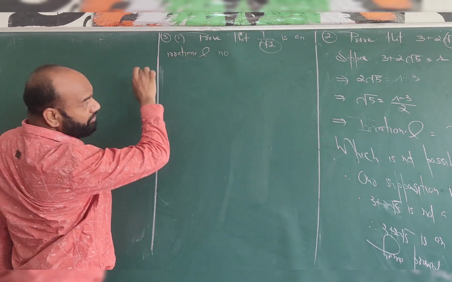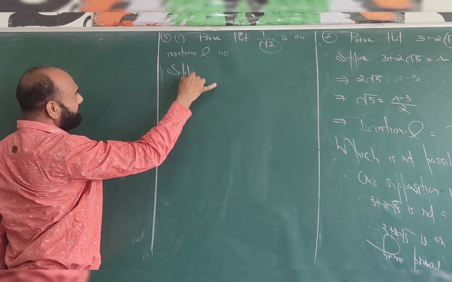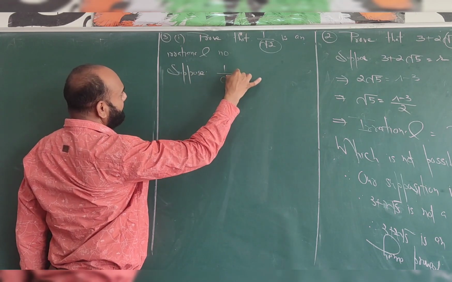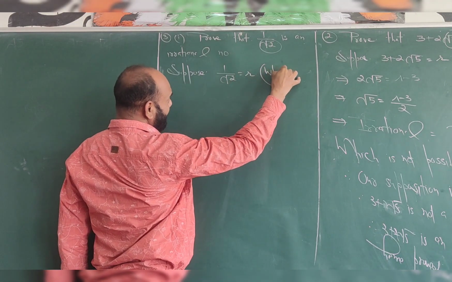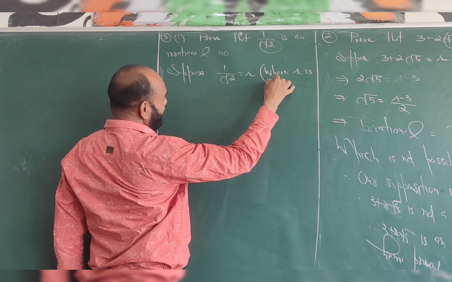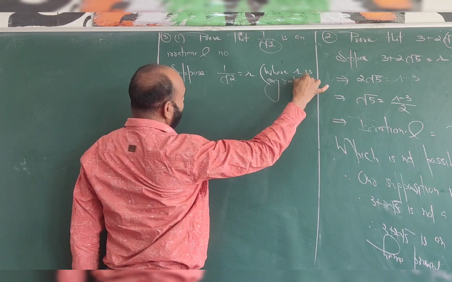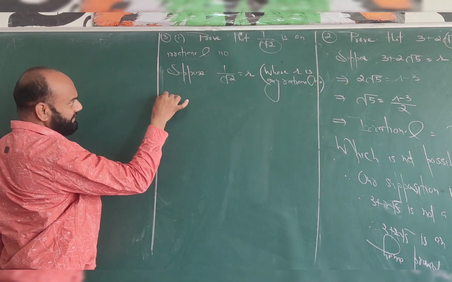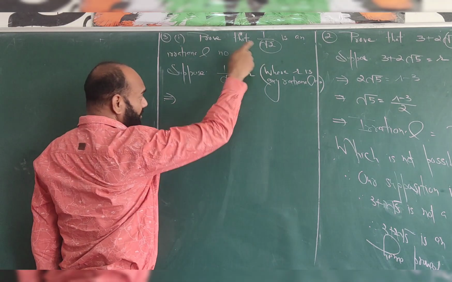So according to the method, we suppose 1 by root 2 is equal to r, where r is any rational number. This implies, now we want to find the value of root 2.